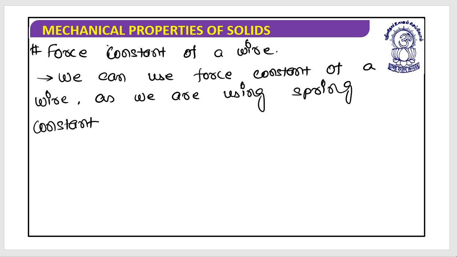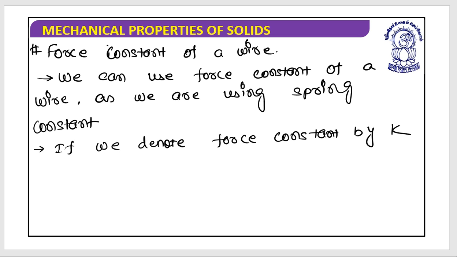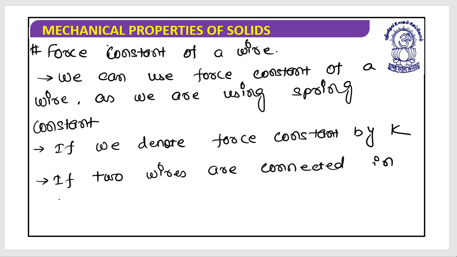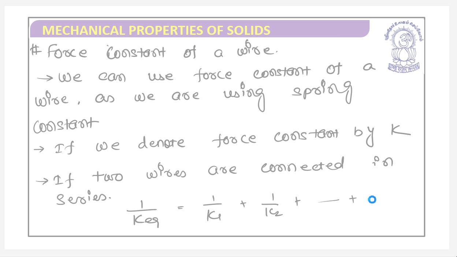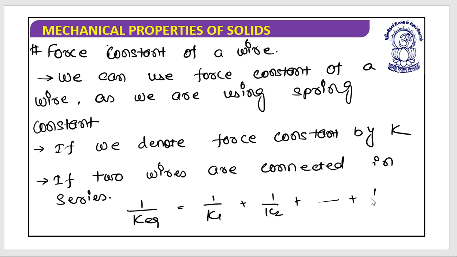If we denote the force constant by, let's say, K, then if two wires are connected in series, the equivalent force constant can be written as 1 by K equivalent is equal to 1 by k1 plus 1 by k2 up to 1 by kn, if more than two wires have been connected in series.